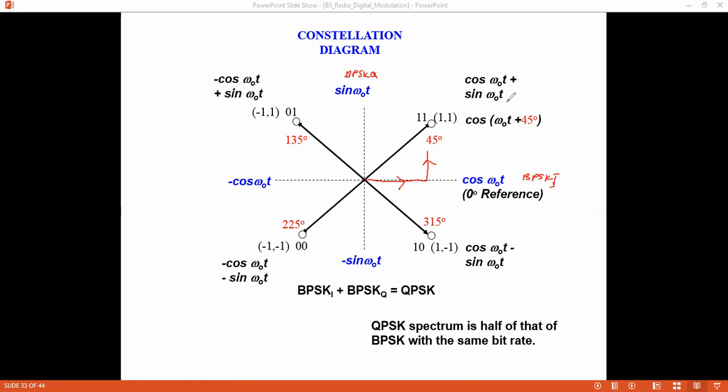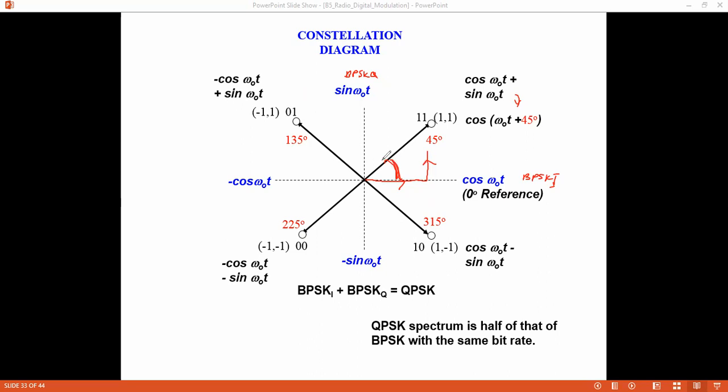This is the general equation, cos plus sine, that can also be represented in terms of phasor, cos omega naught t plus 45 degrees, the angle from reference to this line. So it's cos omega naught t plus sine omega naught t, or cos omega naught t plus 45 degrees. And this is for bits 1 1. And then for the next bits, 0 1.